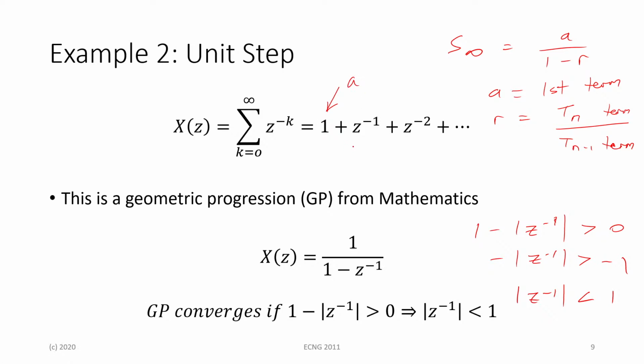And then to calculate R, we can use any two successive terms. So this is our Tn minus 1 term, z to the minus 1, and this here is going to be our Tn term, z to the minus 2. If you divide those accordingly, that's just going to give us z to the minus 1. And as such, when you map the equation, you can see that's how you get your geometric progression evaluation.